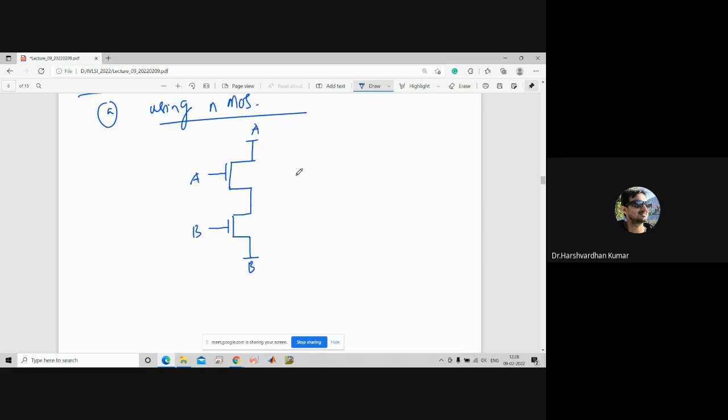Okay, now this is for using NMOS, right? And if you want to design the gate using NMOS, the gate signal will be N1, N2.